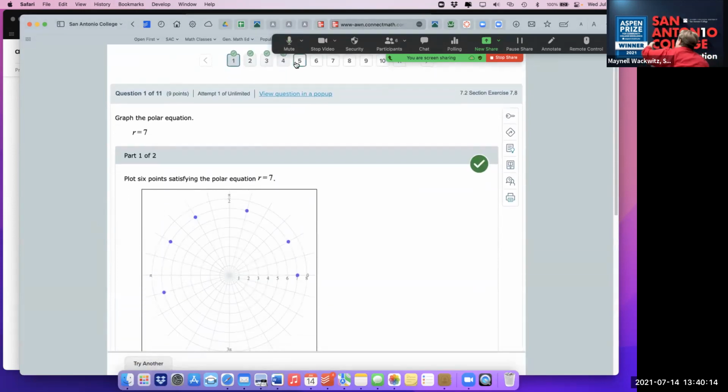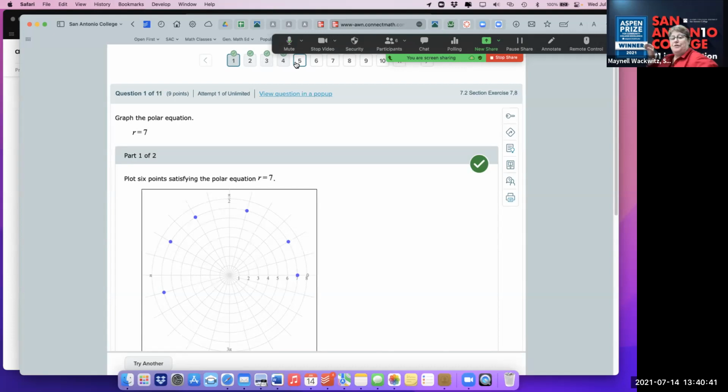We've got r equals 7, and we're going to let all of the thetas be negative theta and see how it changes our equation. How many thetas do we have? Zero. Do we have a theta? So if I replace all the thetas with negative theta, have I changed the equation?